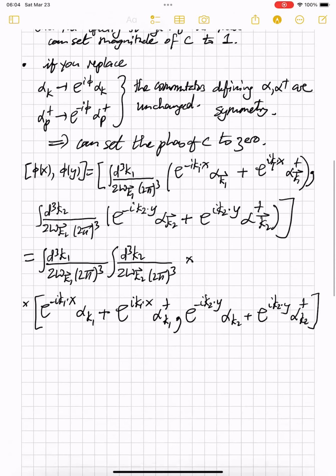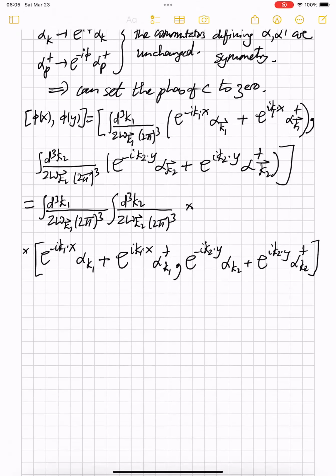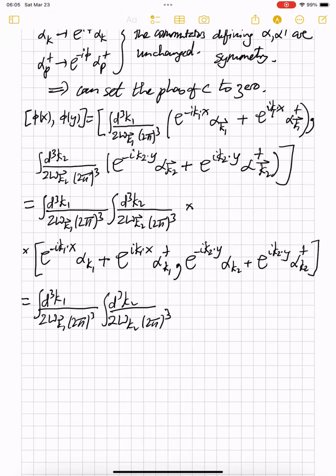Okay, now we've done commutators like this before, where it's a plus b, commutator with c plus d, and we know that we should just multiply things out. So that's what I'm going to do now. So we've got an integral d3 k1 over 2 omega k1, 2 pi cubed, an integral d3 k2 over 2 omega k2, 2 pi cubed, and then we've got the first term from the two commutators.